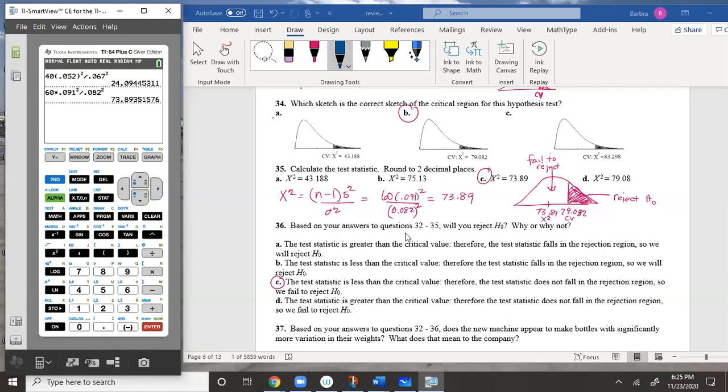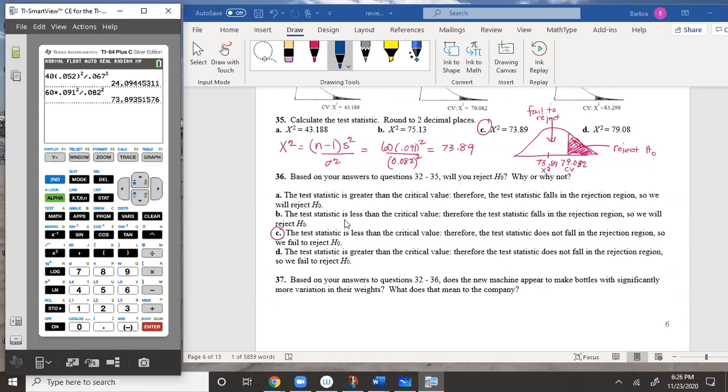Now in the next one, we have to form a conclusion, so we compare the test statistic with the critical value. The critical value is 79.082 and the test statistic is smaller, so it's out here in the fail to reject zone. The test statistic is less than the critical value, therefore it does not fall in the rejection region.